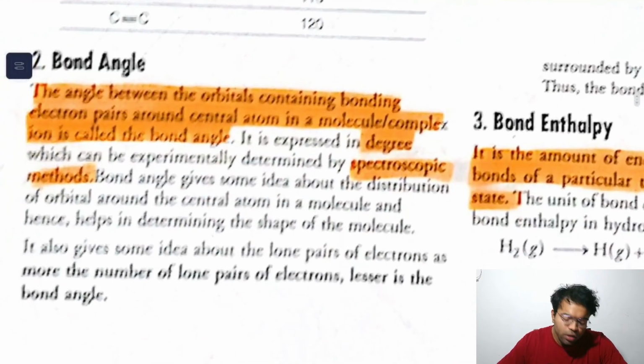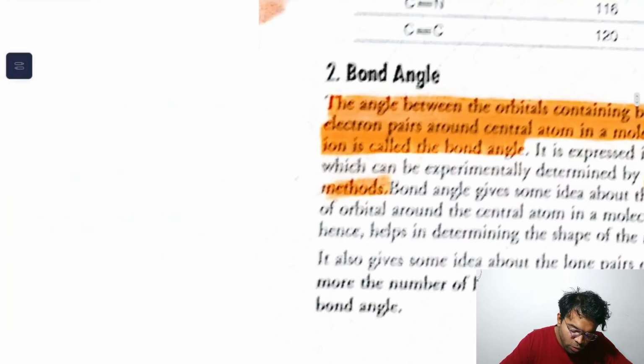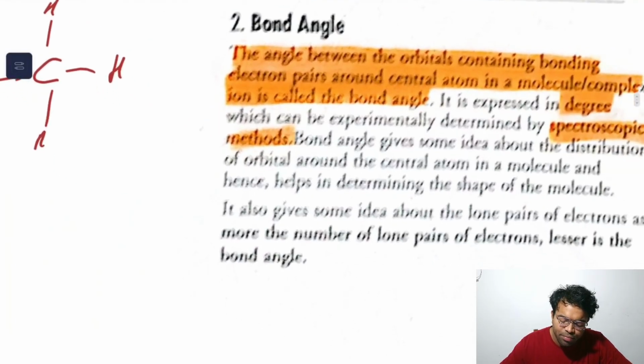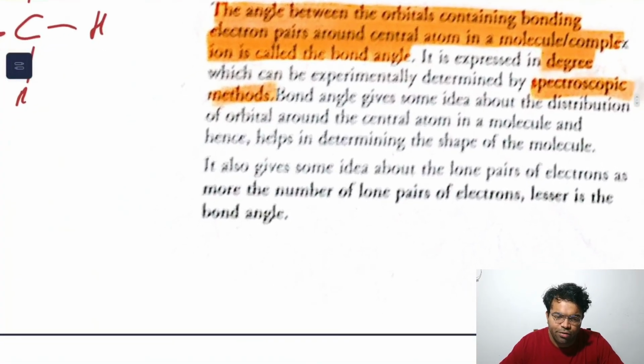Okay, next, the bond angle. Now, in the Lewis dot structure, the thing that always amazed me was that it was a stick figure, right? You had carbon, hydrogen, hydrogen, hydrogen, hydrogen, basically a two-dimensional diagram. That's not how a molecule actually looks. There is something known as a lone pair electron and a bond pair electron.